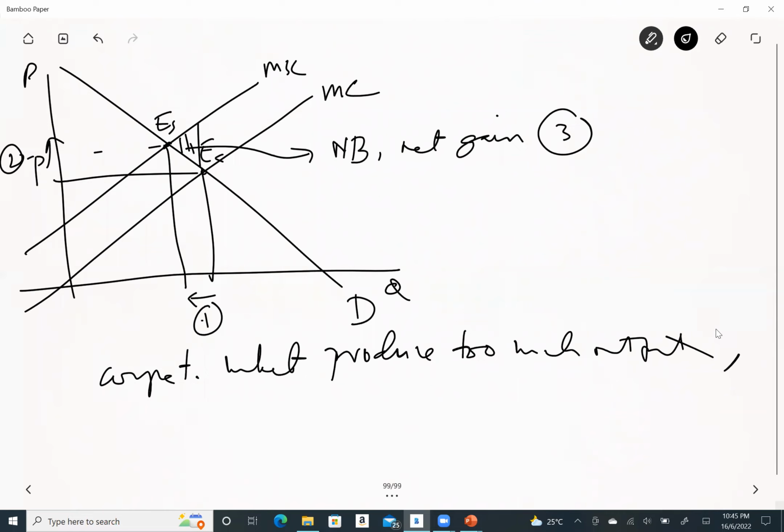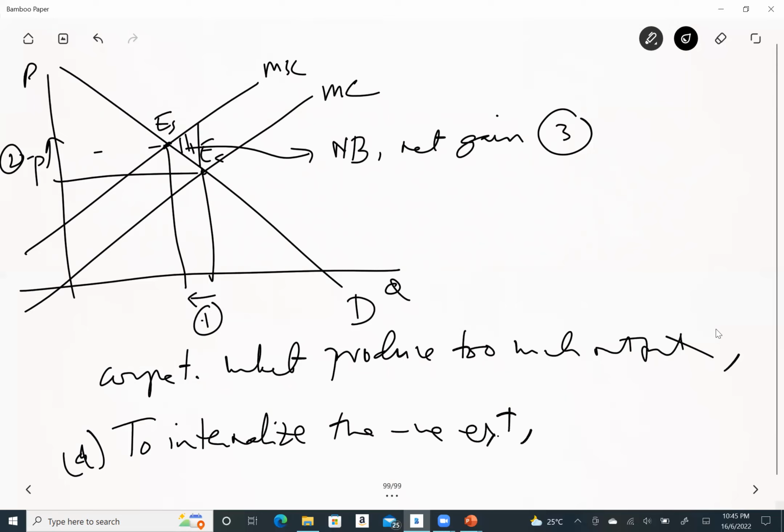Okay. Now the next one, the last part: how do we internalize the negative externality?